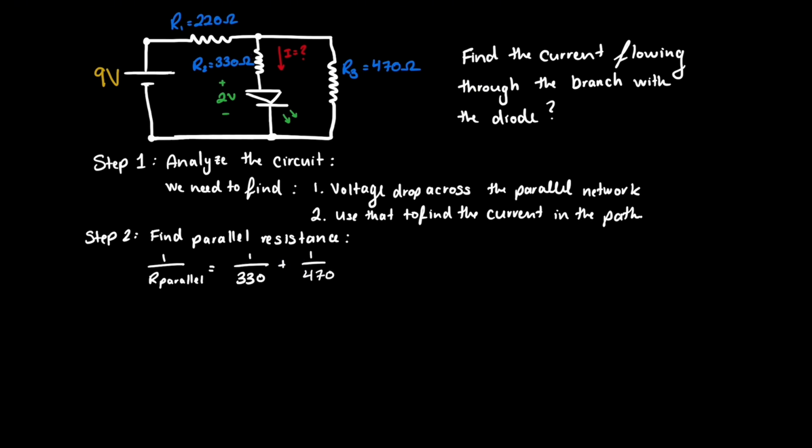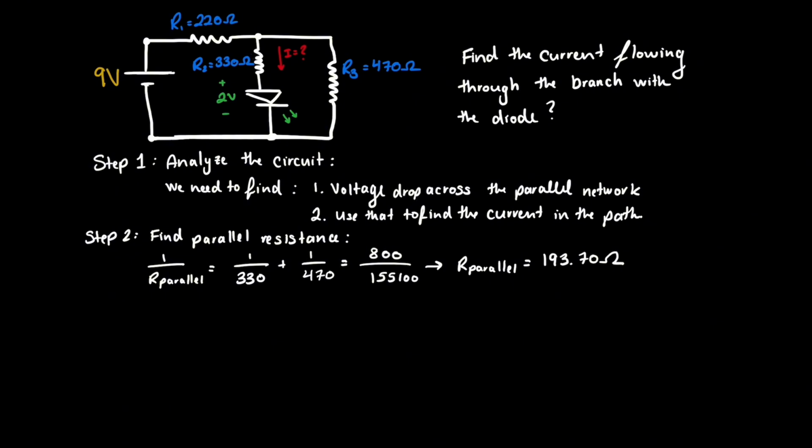To find the equivalent resistance of the two resistors in parallel, we use the formula 1 over R parallel equals 1 over R2 plus 1 over R3. Now, let's just plug in the numbers. 1 over R parallel equals 1 over 330 plus 1 over 470. To simplify, we first find the common denominator and add the fractions.